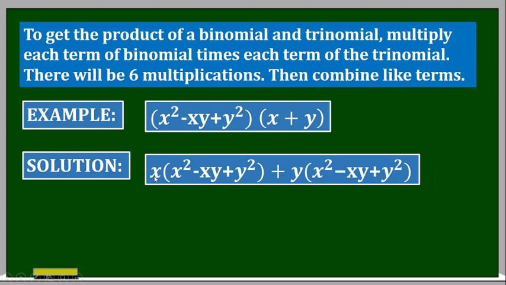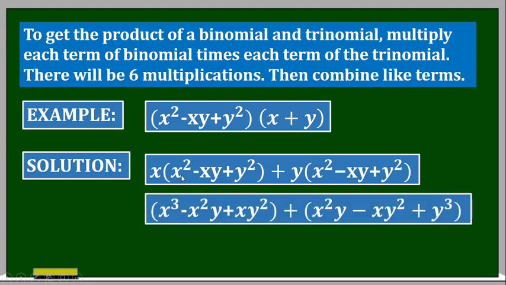One by one, we have x times x squared, which is x cubed. X times negative xy is negative x squared y. And then x times positive y squared is positive xy squared.